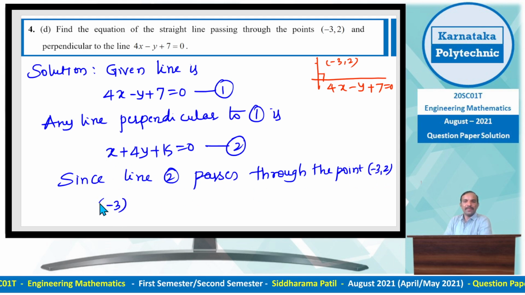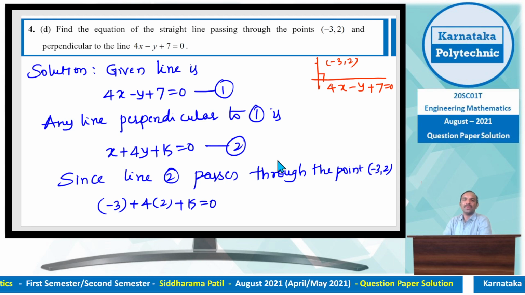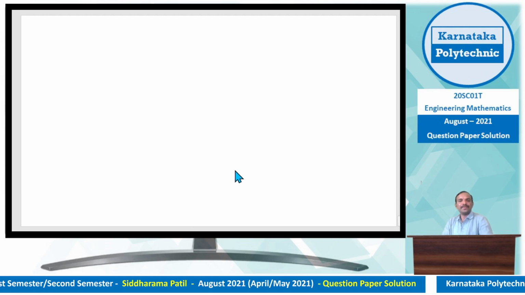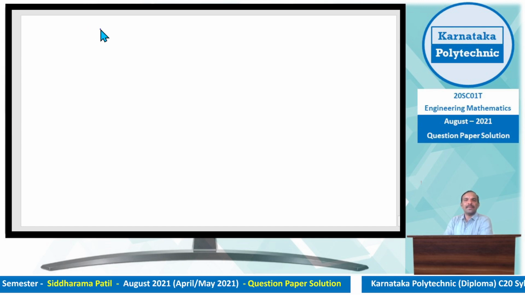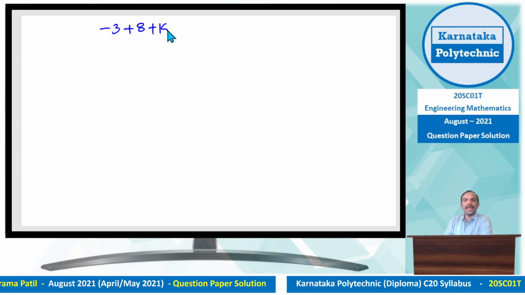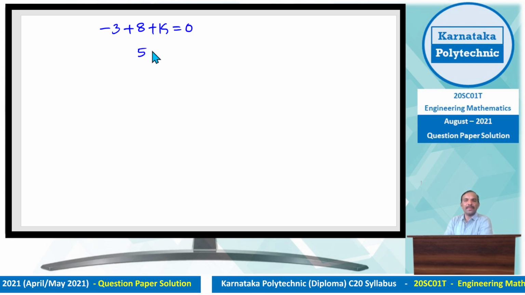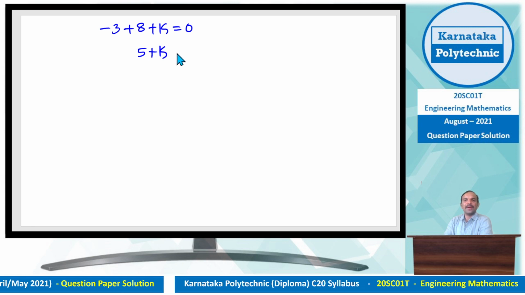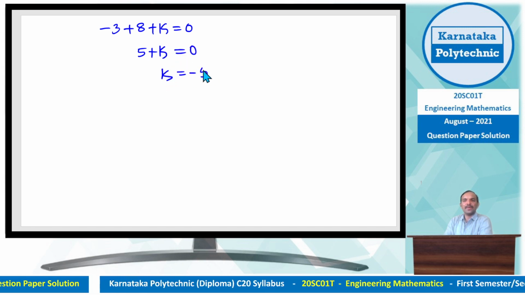Minus 3 plus 4 into 2 plus k equal to 0. What happens? Minus 3 plus 8 plus k equal to 0. That is 5 plus k equal to 0. K equal to minus 5.